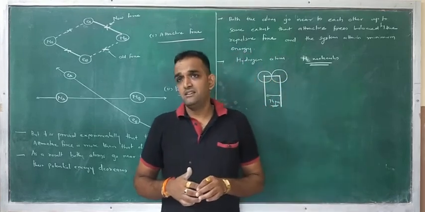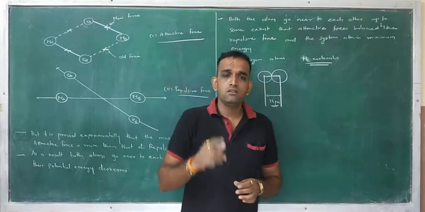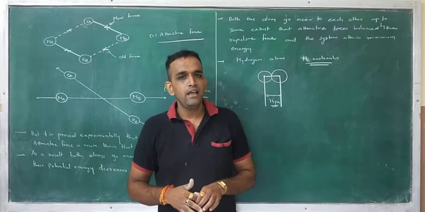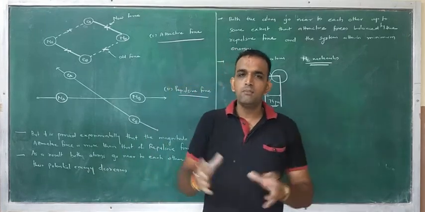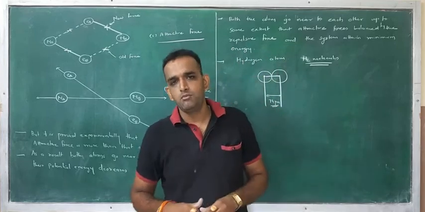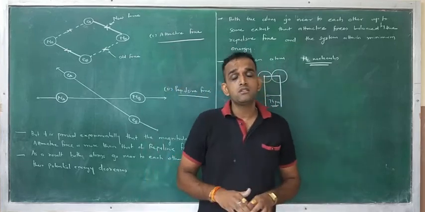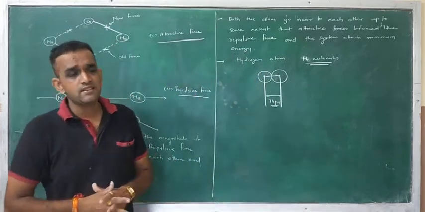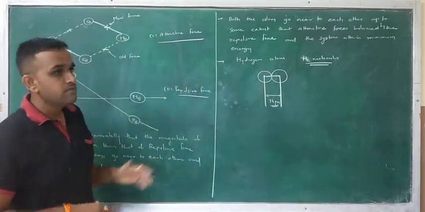See, one thing is that sometimes the orbital of one atom is completely filled, whereas the other is vacant. At that time, whatever overlapping takes place and whatever bond is formed, that one is said to be the specific covalent bond. The another name we can also say is a coordinate covalent bond also, right? So that we have discussed, that is all about the valence bond theory.